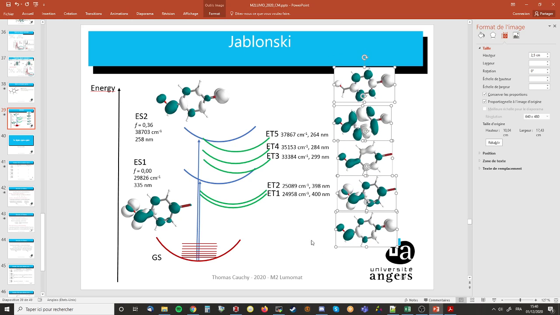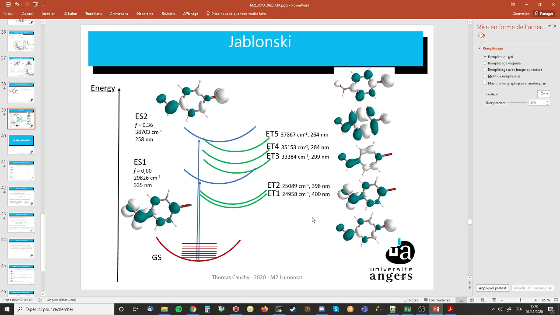Okay, so in ES1, you lose an electron density in the non-bonding region of the oxygen of the carbonyl, along the sigma plane, and you gain electron density in the pi orbital here.